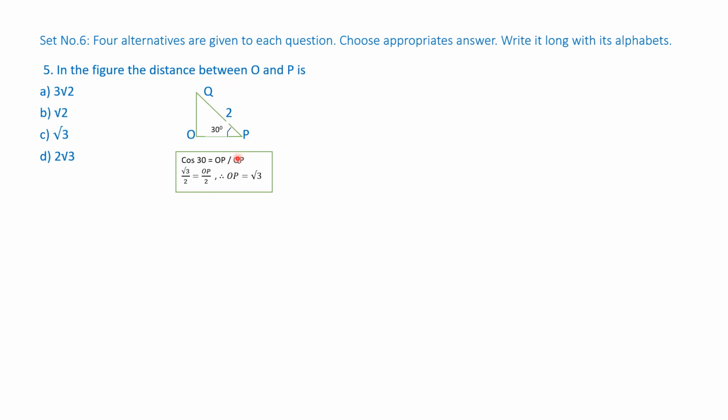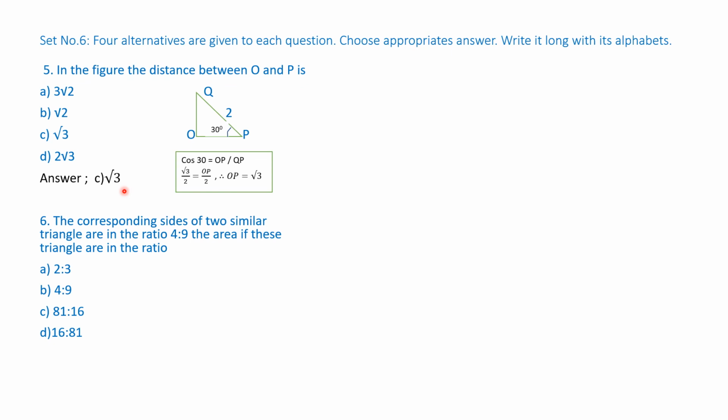Therefore, root 3 by 2 is equal to OP divided by 2. This 2 and 2 get cancelled. Therefore, OP is root 3. Our answer will be root 3. So, answer C, root 3.